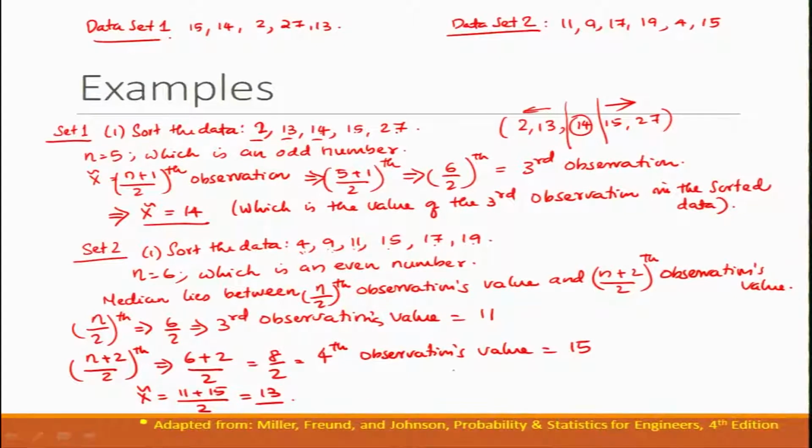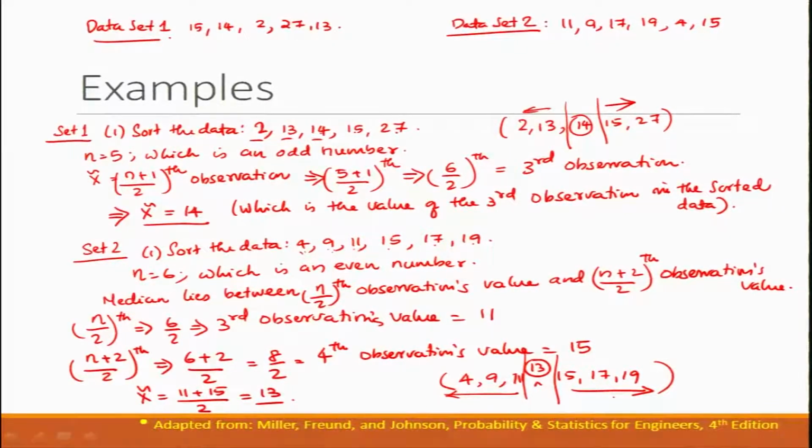Similarly, in this case, the values 4, 9, 11, then 15, 17 and 19, and you have 13 in between, which is your median, which divides the data into two equal parts. 4 to 11 is one part, this is the other part. So this is the simplest way the median is calculated.